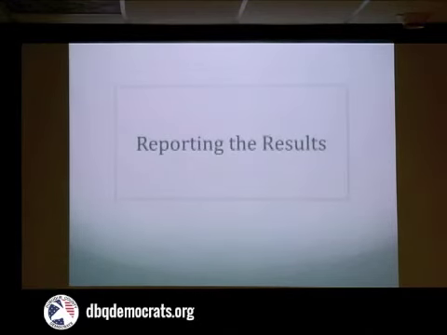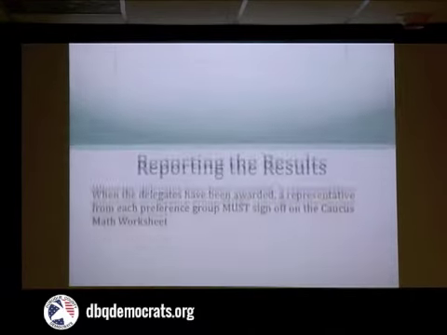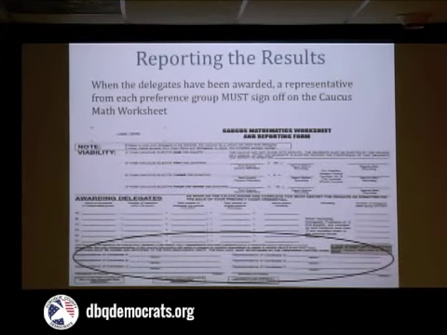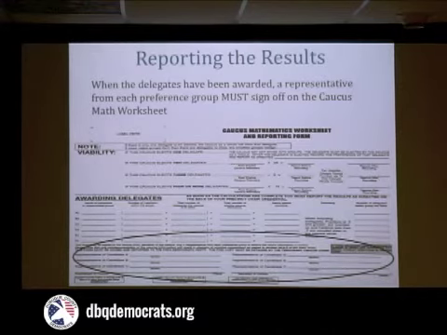Okay, so now we're going to move forward to reporting results. Actually, on page 29, there are screenshots that are going to follow the first presentation, so you can follow along with that. Before you do that, though, it's important to note on page 28 that before you even start reporting results, you have to get sign-off from each of the candidates' groups.